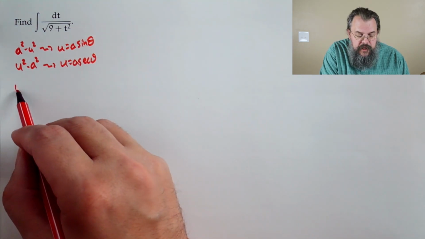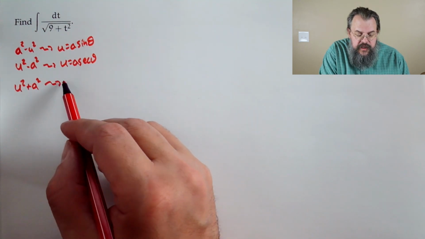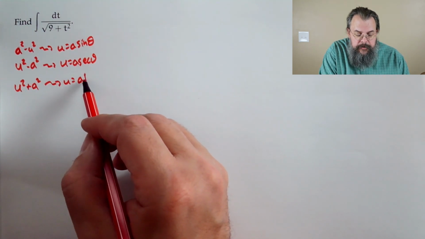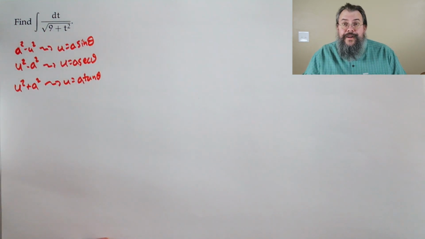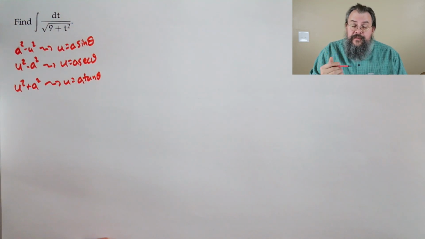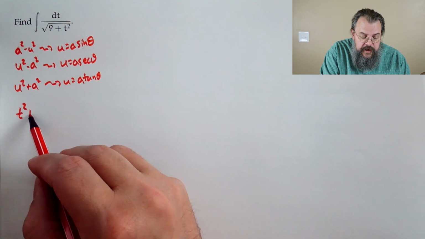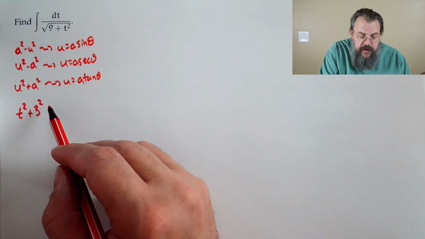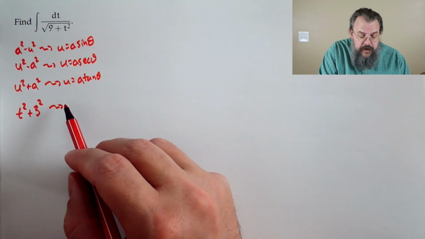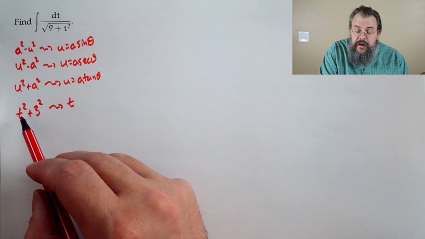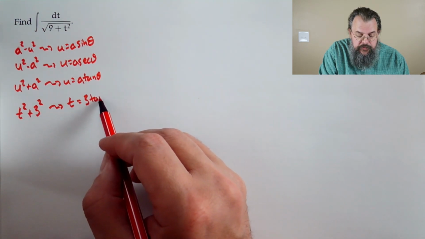And of course, if we see variable squared and a number squared being added, doesn't matter which one goes first, that's a tangent theta. So here, 9, that's 3 squared. And then t is the part that's varying. So for us, we say, oh, since it's t squared plus 3 squared, that says our substitution that we should make is t, which is the varying part, is equal to 3 tangent theta.